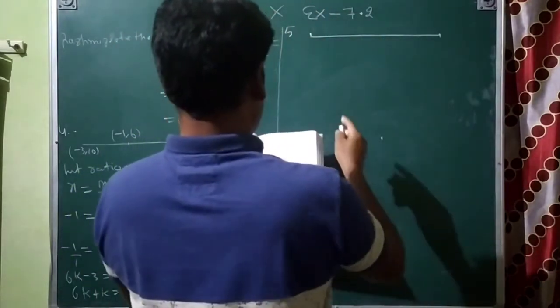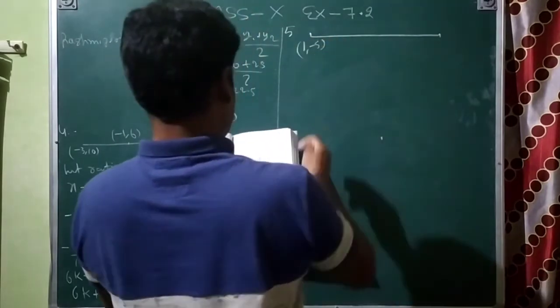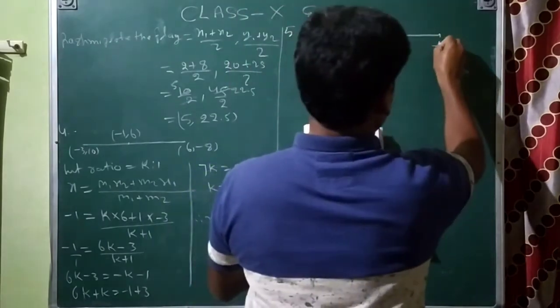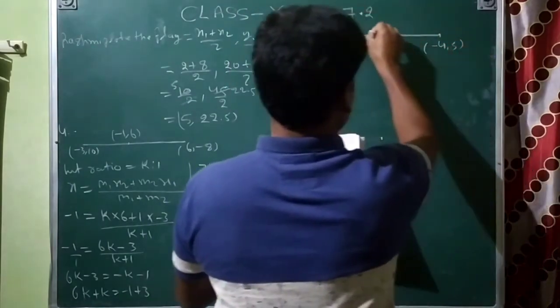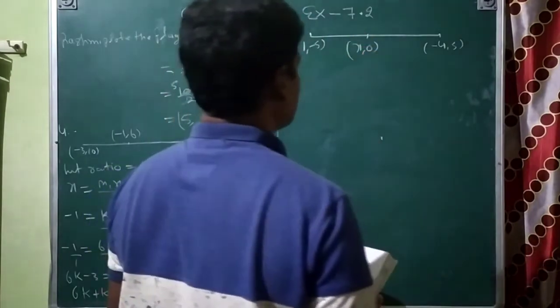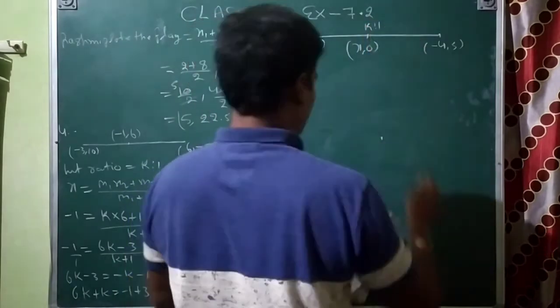X axis means (x, 0), it means y is equal to 0. Again we will let the ratio be k : 1.